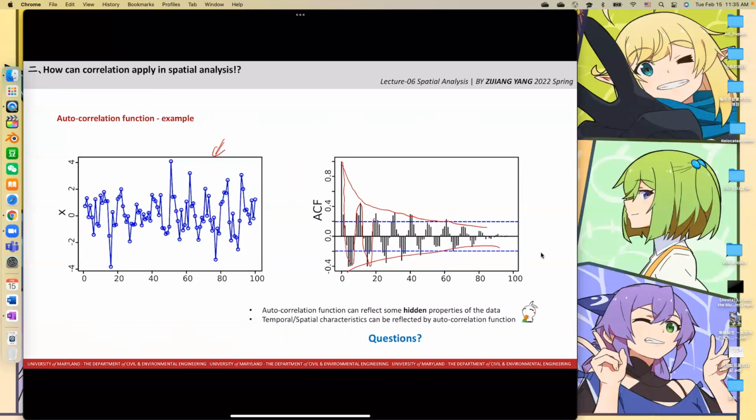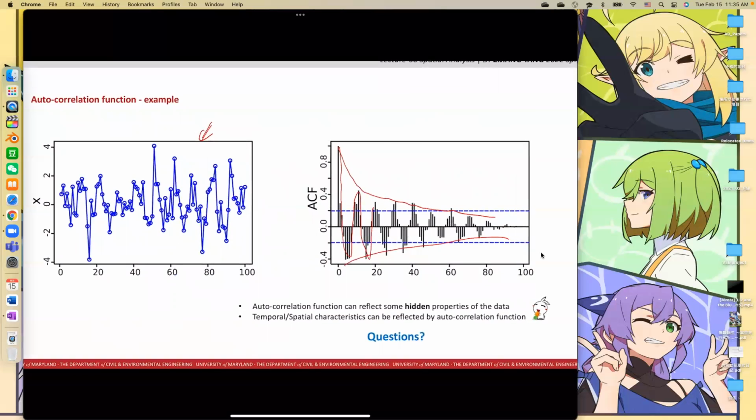We cannot find the characteristics of this data by our eye. So we can use the autocorrelation function to reflect some of the properties of this data. So here, I want to say autocorrelation function can reflect some hidden properties of the data.